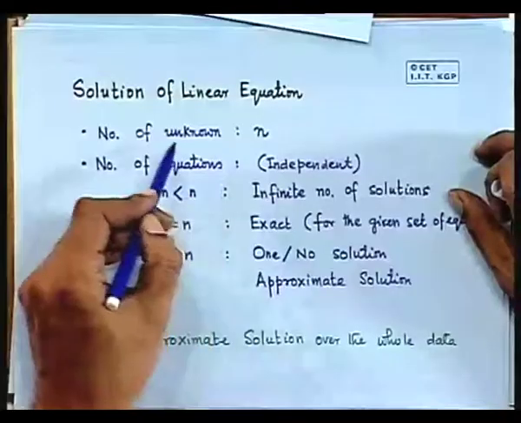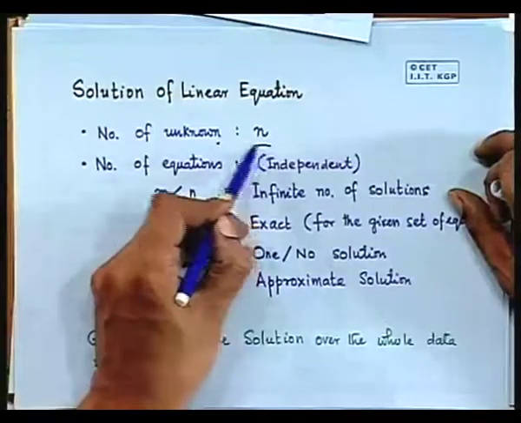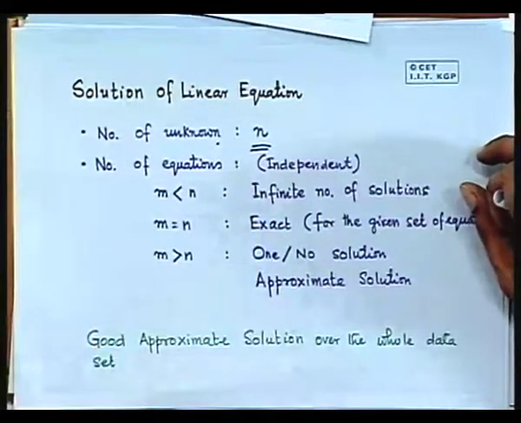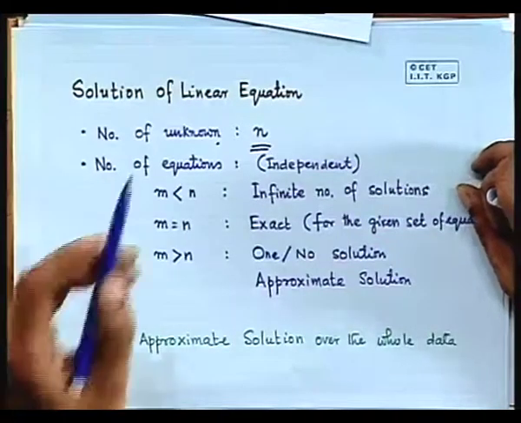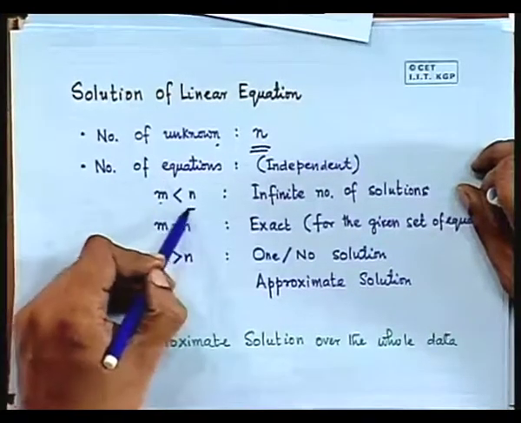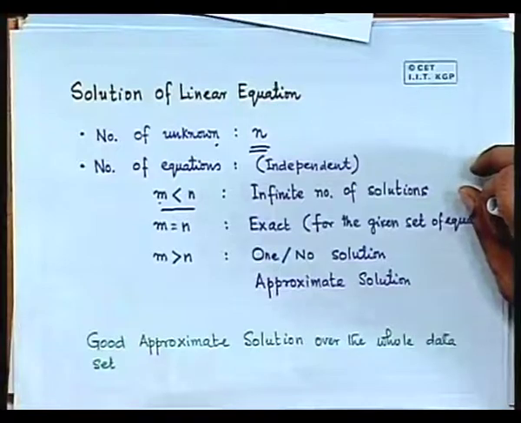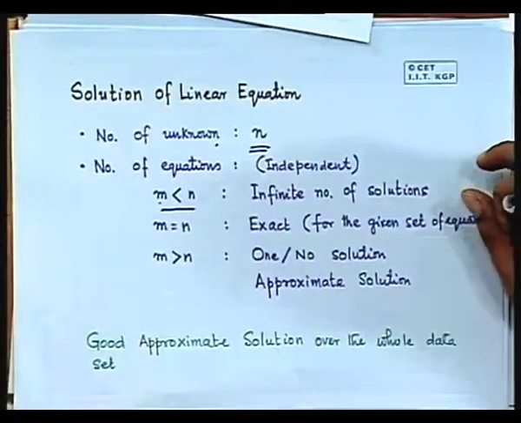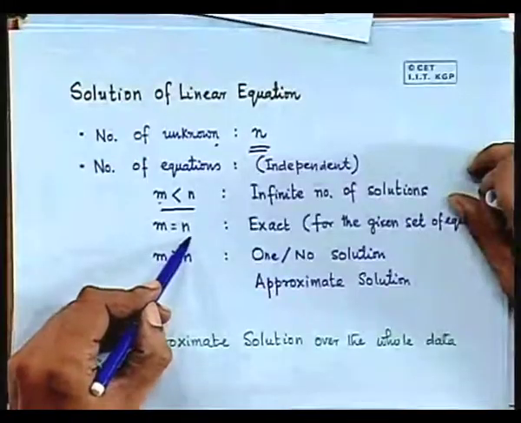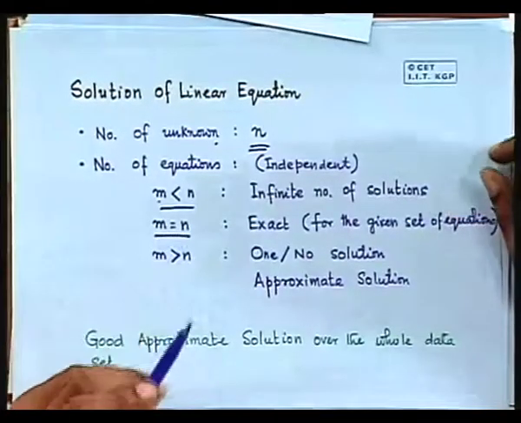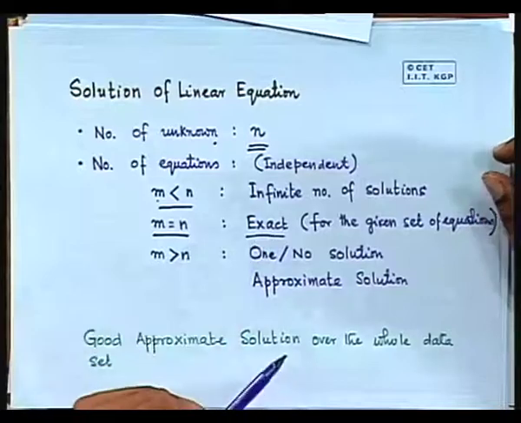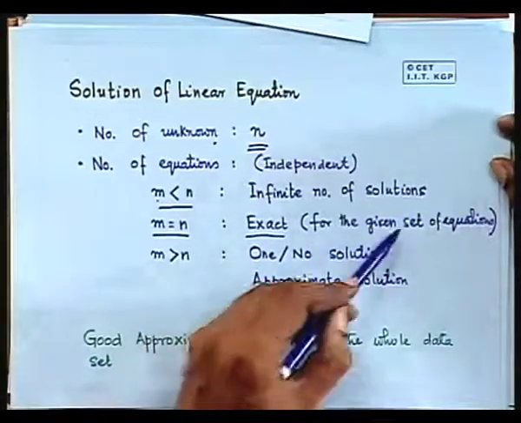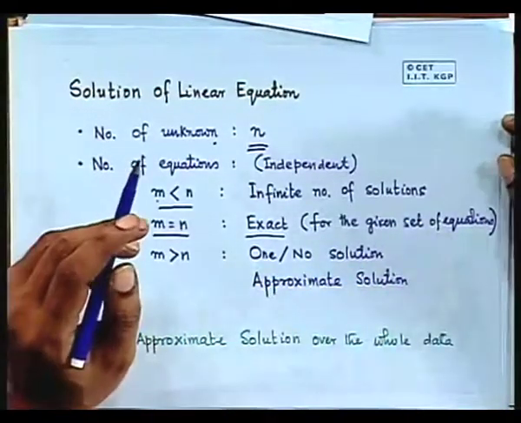If your number of unknowns is n, that is the dimension of theta, and you have number of equations less than the number of unknowns, then you have infinite number of solutions, right? If the number of equations is equal to the number of unknowns, then you have an exact solution, provided that the given set of equations are independent. If they are dependent, you don't get it.